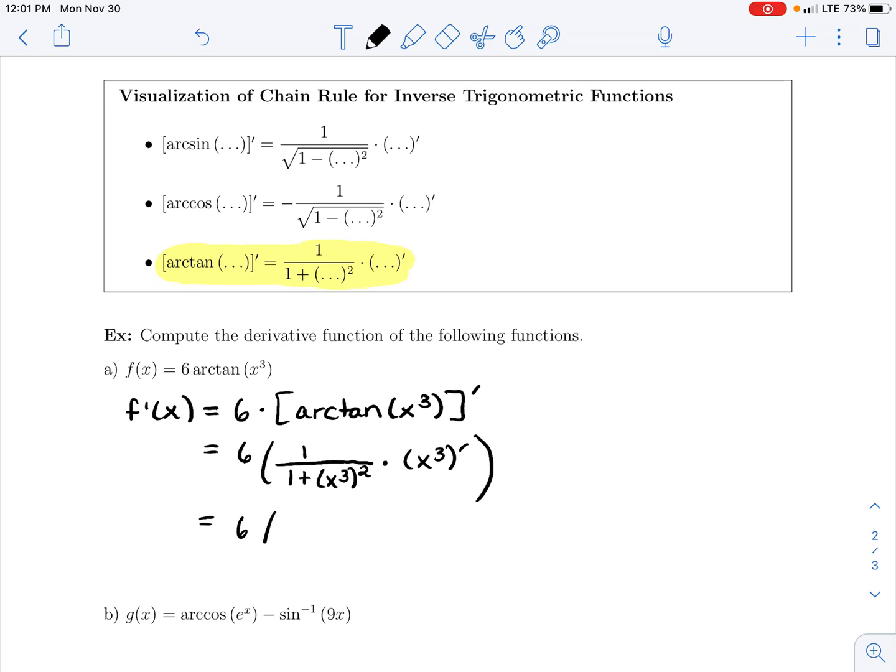And so this gives me 6 times 1 over 1 plus x to the 6th times the derivative of x cubed, which is 3x squared.